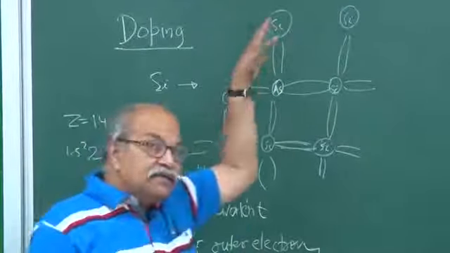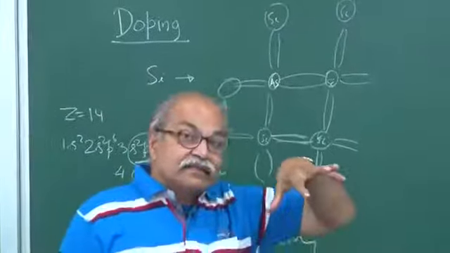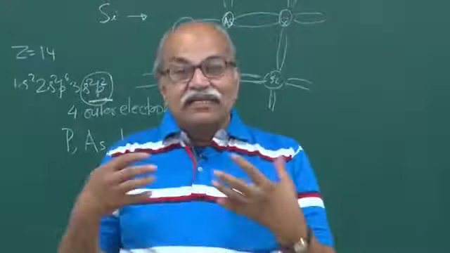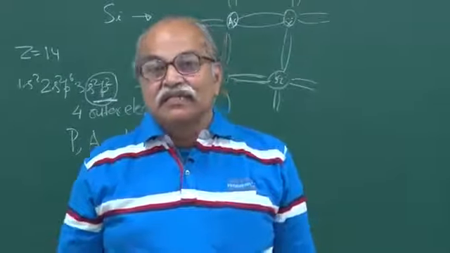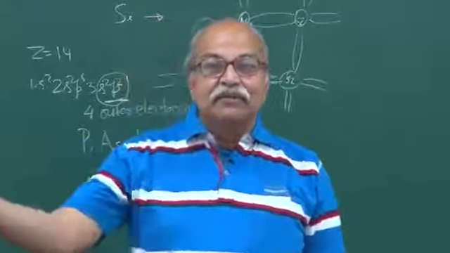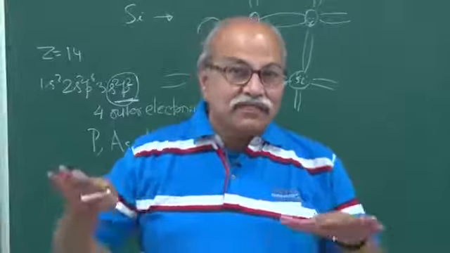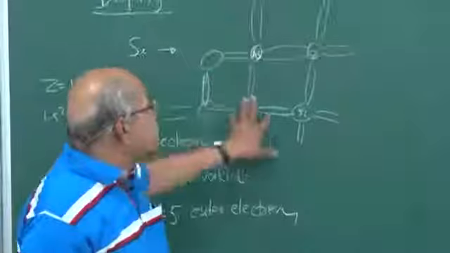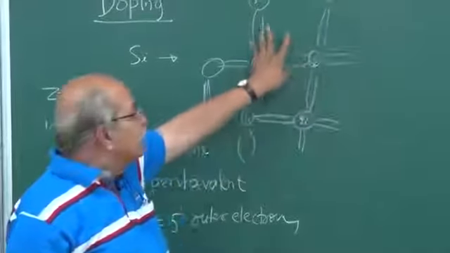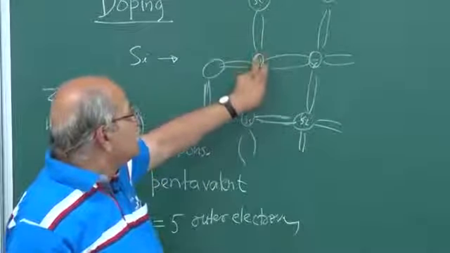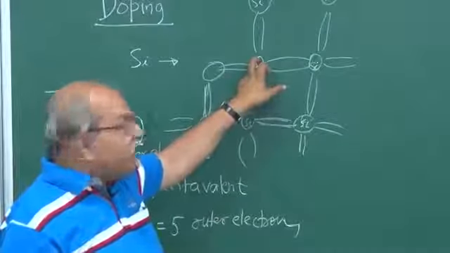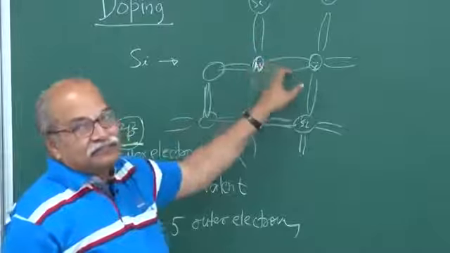In this kind of crystal structure, the minimum energy configuration is when 4 electrons go into sp3 quantum states and then take part in bonding. So that's the minimum energy configuration. Since the crystal structure is still the same, 4 of the outer electrons of arsenic will again go into the bonding.